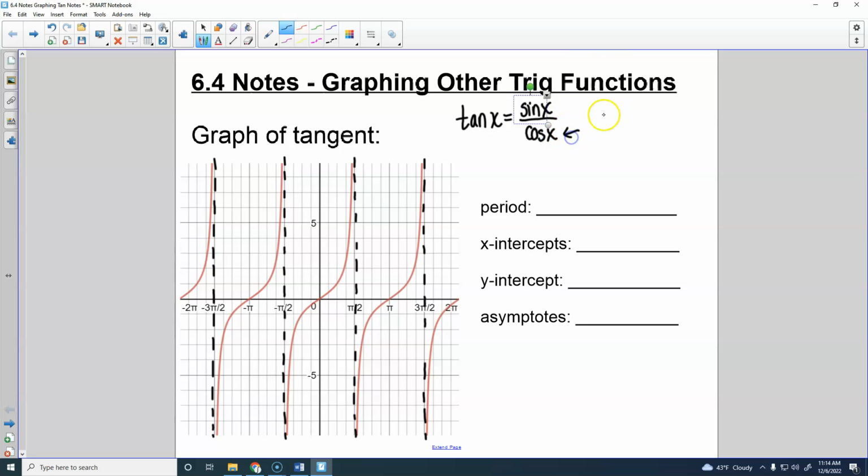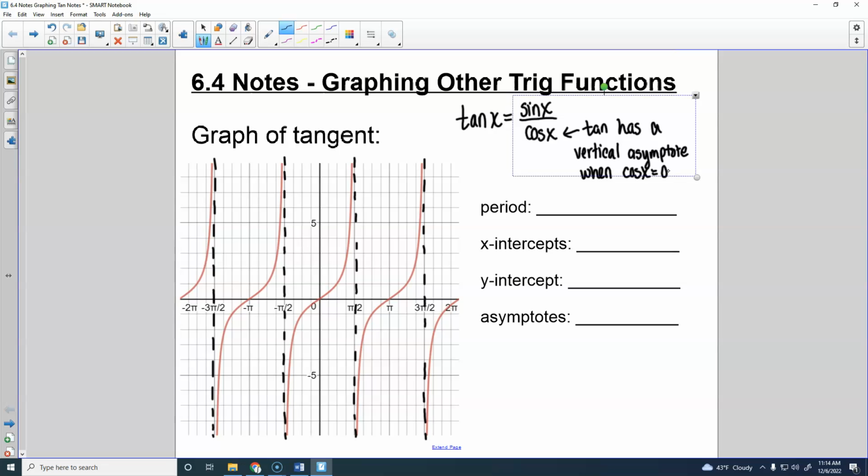So tangent has a vertical asymptote when cosine of x equals 0, because that's giving it a 0 in the denominator, which means it's going to be undefined, right? So that is a really good way to help you remember where those vertical asymptotes are.